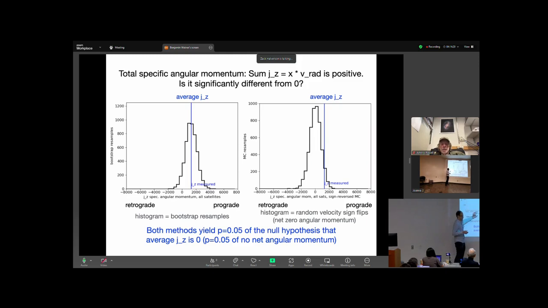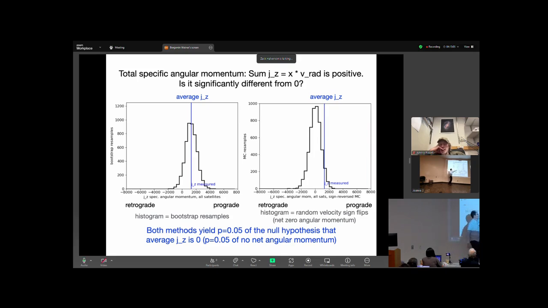On the left plot, I bootstrap resampled the satellites, and on the right plot, I sign flipped the velocities, and I generated realizations with random sign flips, drawing satellites from the real distribution of radial velocities, but with the sign flip and projected distances. And so the bootstrap resample gives you a statistical measure. This histogram gives you a statistical measure of the uncertainty on the specific angular momentum, and it is displaced from 0.